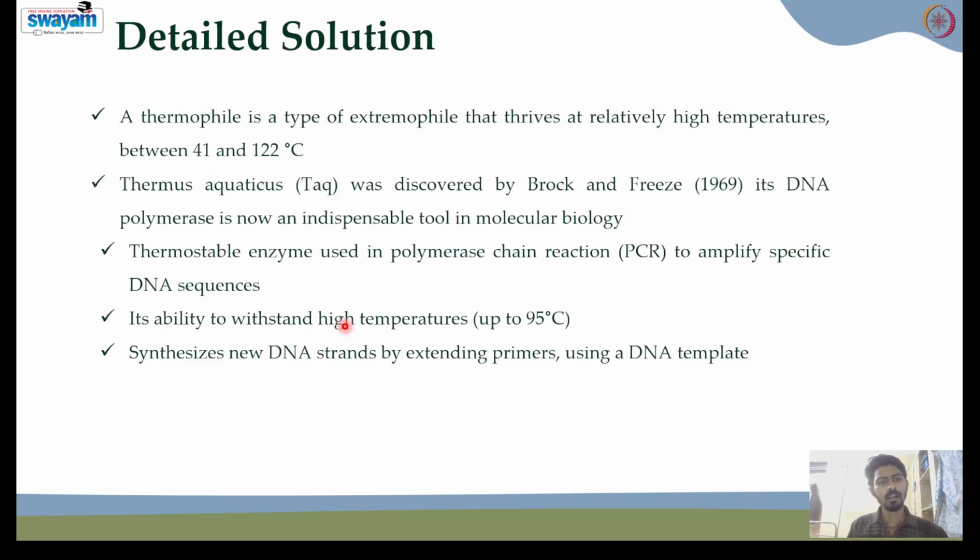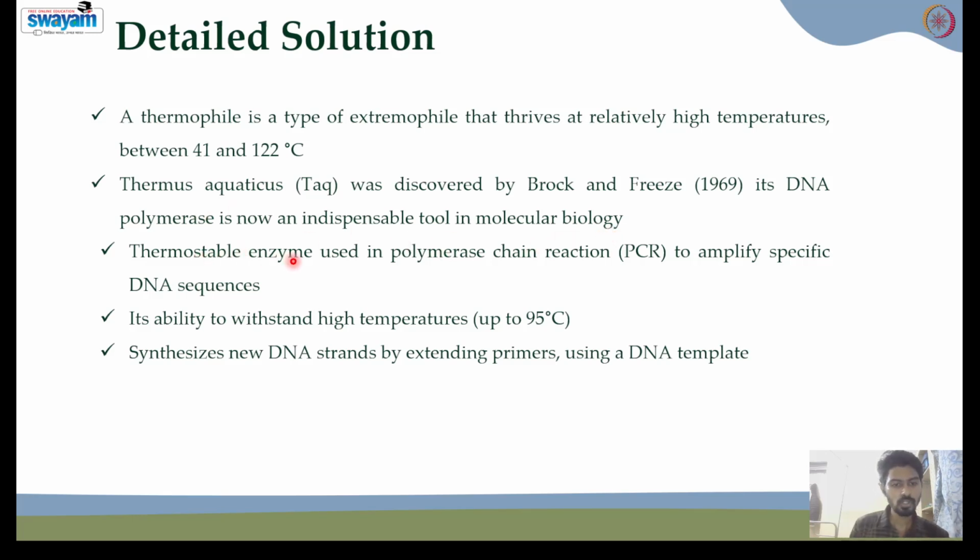As we see, thermophiles are extremophiles. They can survive at higher temperatures between 41 to 121 degrees Celsius. This was isolated from Thermus aquaticus, and it was discovered by Brock and Freeze, and it has been an important tool in molecular biology techniques.